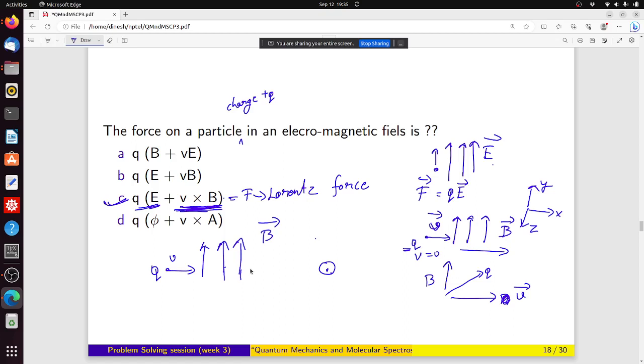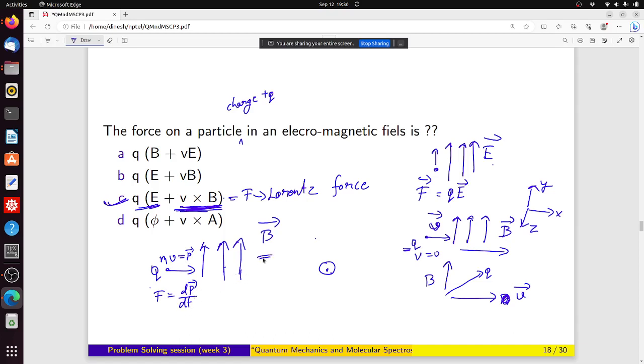So it will have some momentum, no? Yes, it will have some momentum, but what will the trajectory look like? You see, initially it is moving in horizontal direction, and the force is also in horizontal direction, right?